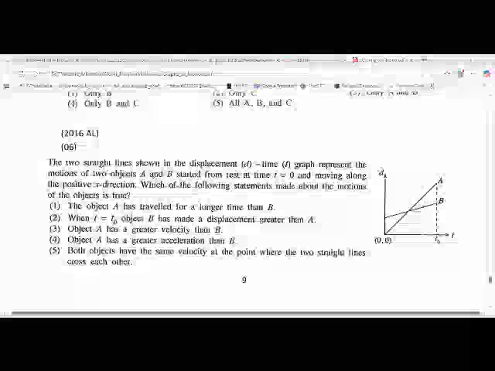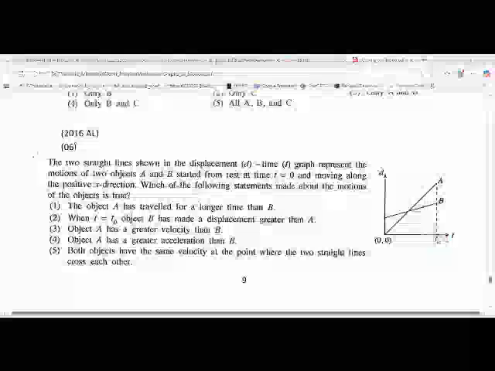Moving along the positive x direction, which following statement about the motion of the objects is true? First one, the object A has traveled for a longer time than B. It is wrong. In this time both have T naught.